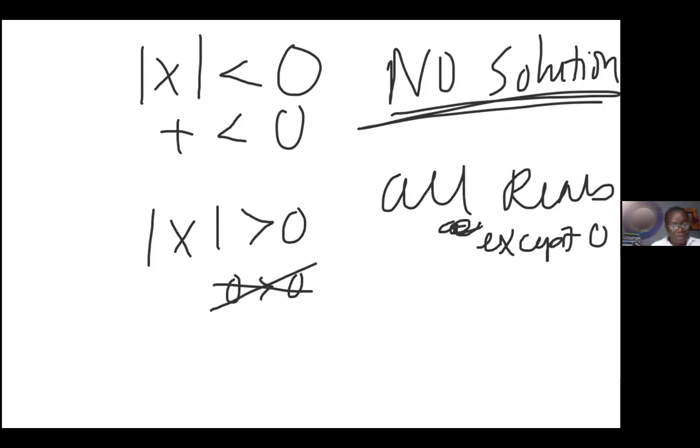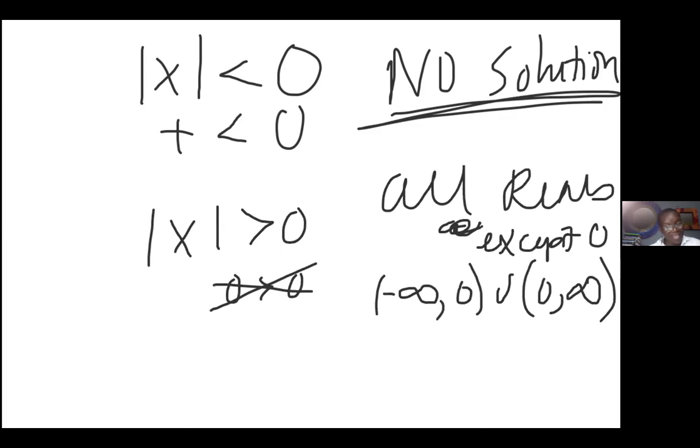So Jennifer's point is, how do I write this in interval notation? You can include everything except 0. Did you hear that? You can include everything except 0. So this is what it would look like if you can include everything except 0. And then, if you have this one right here, okay? This one right here would be all reals.